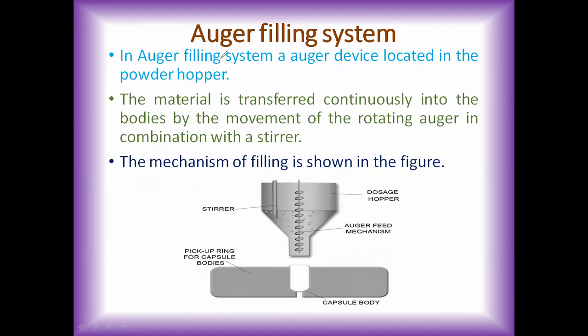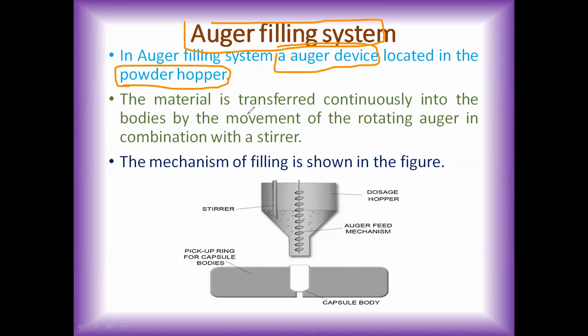Now this Auger filling system uses an Auger device which is located in a powder hopper. So what is used over here? We use an Auger device which is located in the hopper.